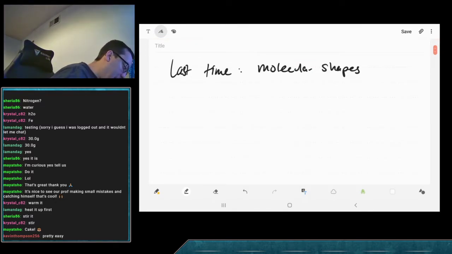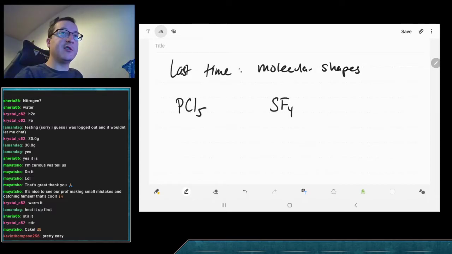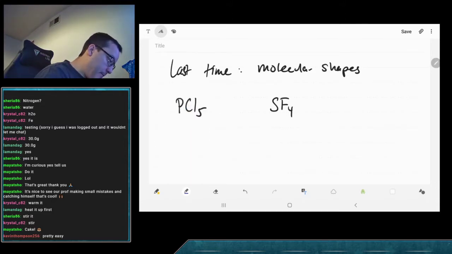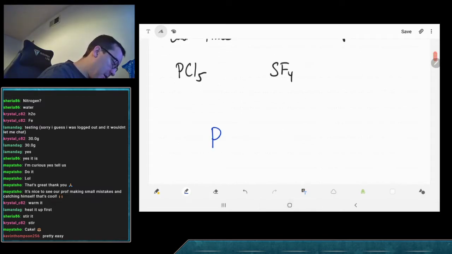Let's work on these 2 molecules and figure out the Lewis structure, the electron geometry, and the molecular geometry for these 2 molecules.